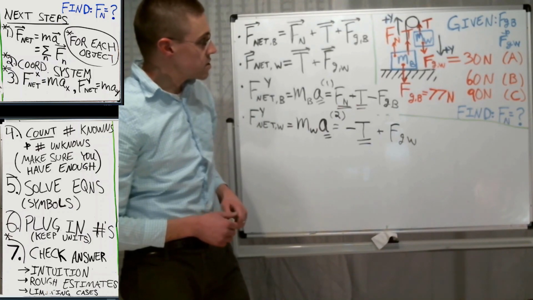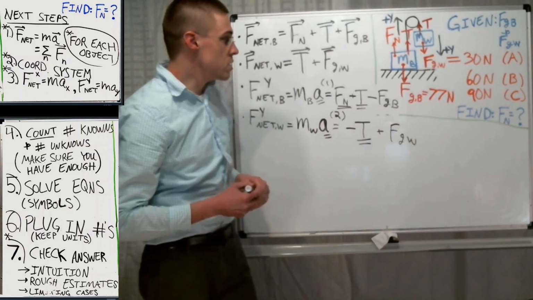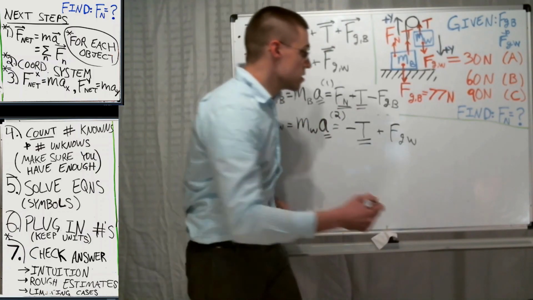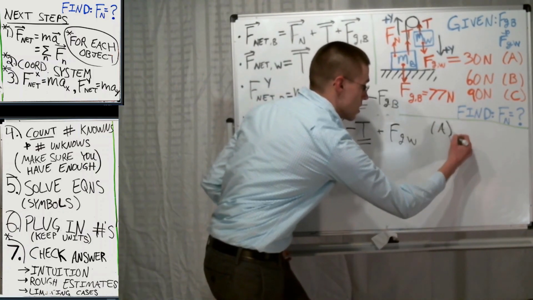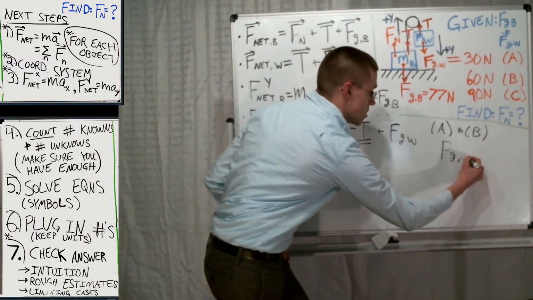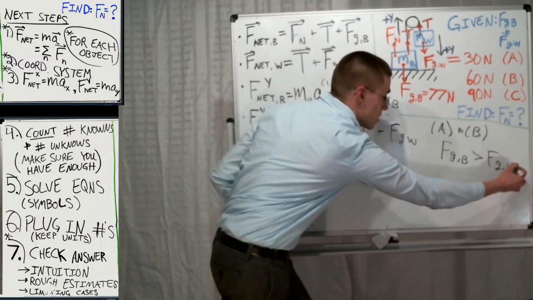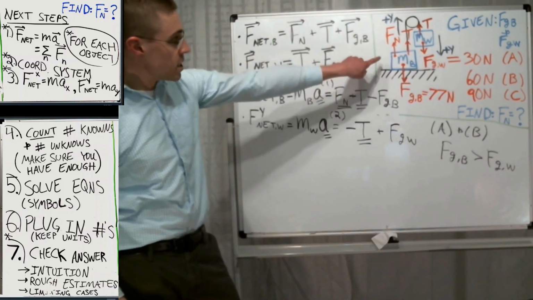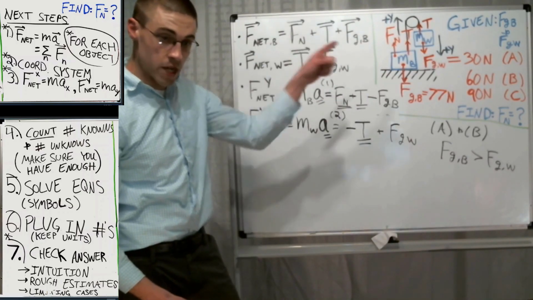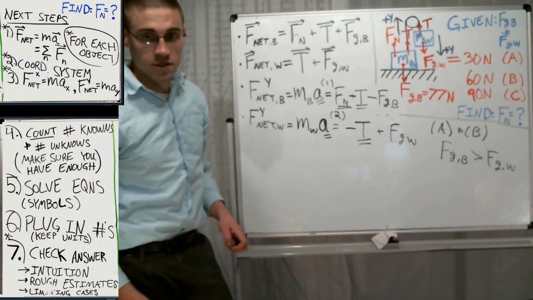So that's something I know. Okay, well, let's think about this. Part A and part B both have FGW less than FGB, right? So for A and B, we have force of gravity for the box is greater than force of gravity for W. If the weight of the box is larger than the weight of the counterweight over here, then what is the acceleration of the system going to be?